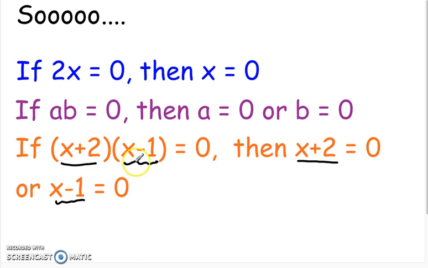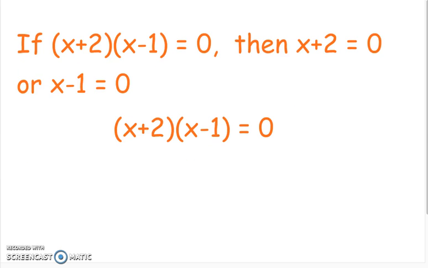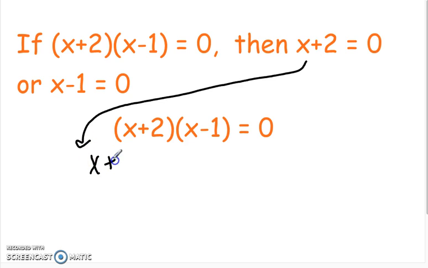Okay, so if two things multiply to 0, then one of them has to equal 0. What's cool about this is that then we are able to solve for x, because if I say x plus 2 could be 0, then I can solve for x. Minus 2, x equals negative 2.